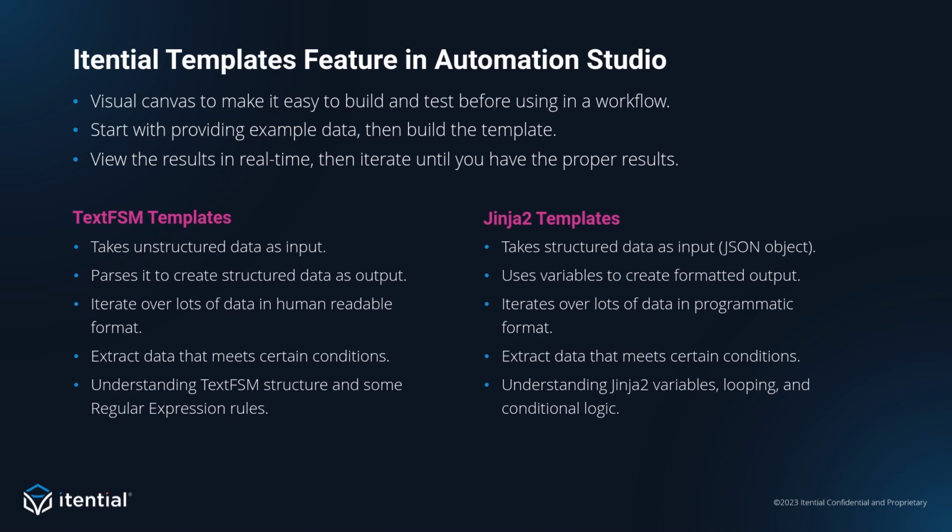The first thing I want to show you is how we at Itential have integrated these features into our platform. As many of you probably know, TextFSM and Jinja2 are two different types of templates that are open source and standardized. They're available through all kinds of different programming languages and even some other applications.